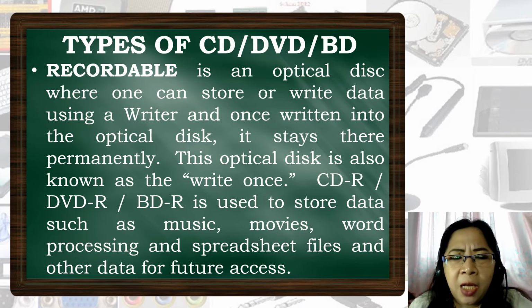Recordable optical media can only be recorded once, meaning if you write or burn songs, movies, or files in a blank one, you have to be sure what to write or burn, because if you accidentally choose the wrong songs, movies, or files, it cannot be undone.